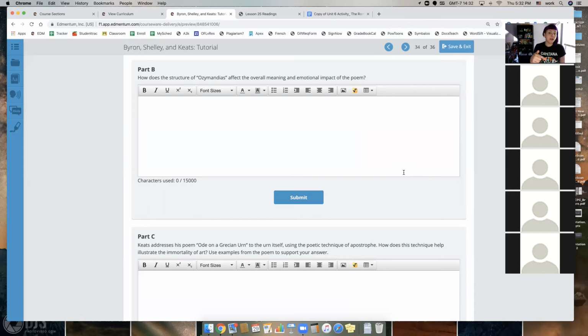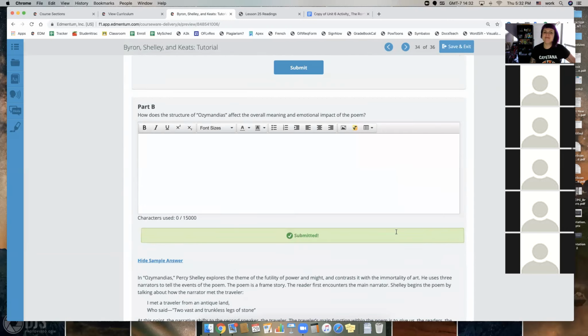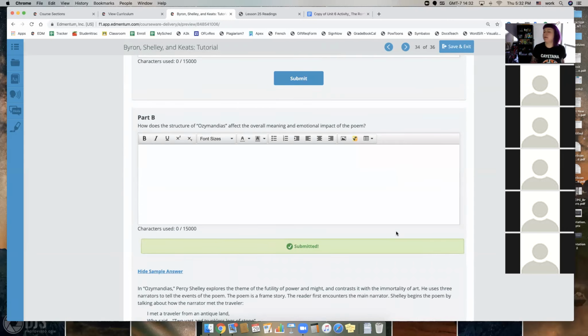But I pulled up the sample answer and it doesn't even touch on that at all. So you don't have to do this question because it's actually not what it asks. If I click the submit button, it actually talks about theme, not really the meaning and emotional impact of the poem. I thought that was very strange.